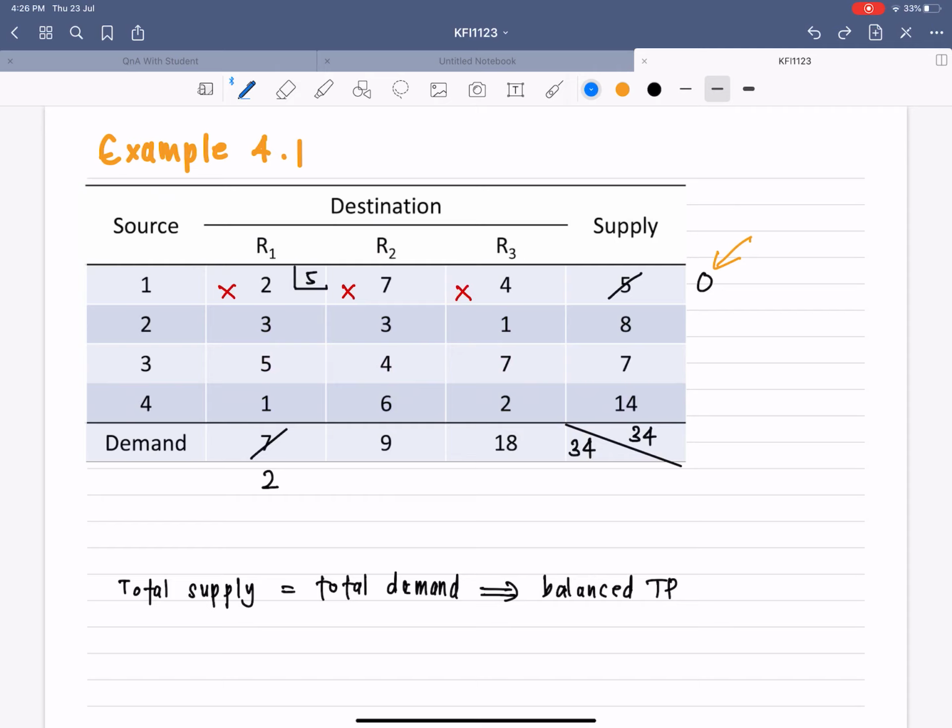Just now we already have the balance here, which is 2, and here we have 8. So 2 and 8, 2 is less than 8, therefore we will consider 2.